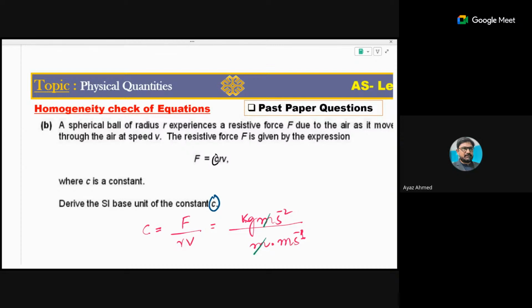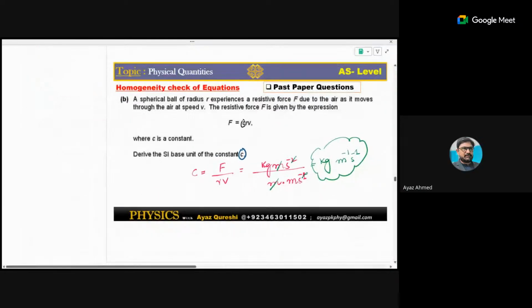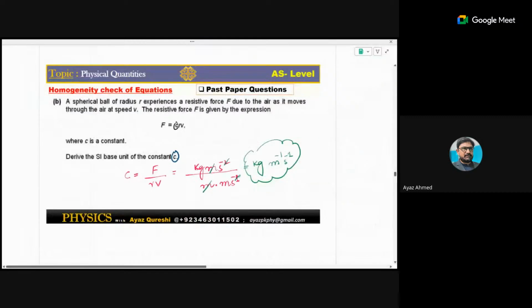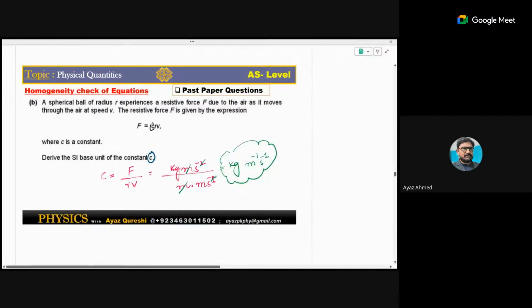Meter and meter are gone, and you will get kg m minus 1 s minus 1, cut by one of the minus 2's. So this is that unit. Is it clear to all? Yes sir. So in this way, we will proceed with SI base unit expressions.